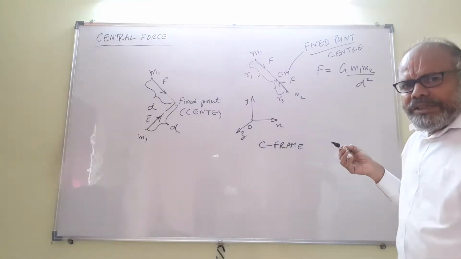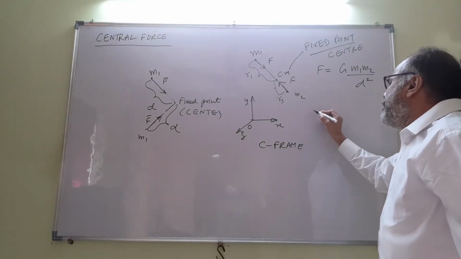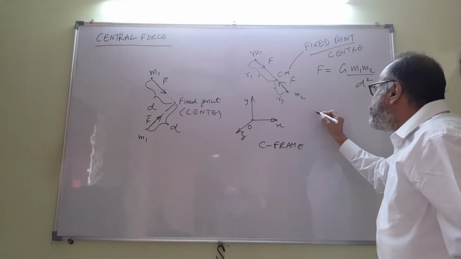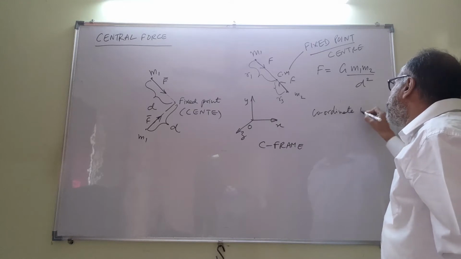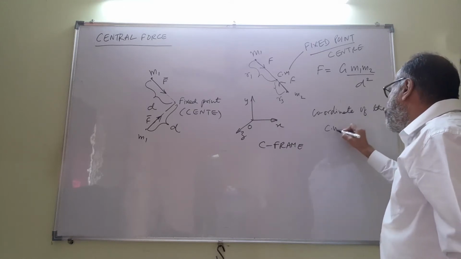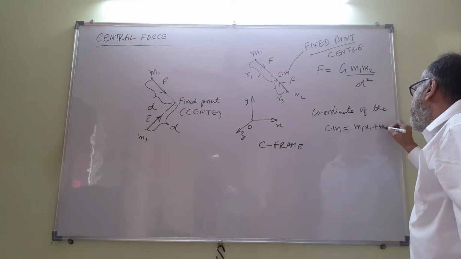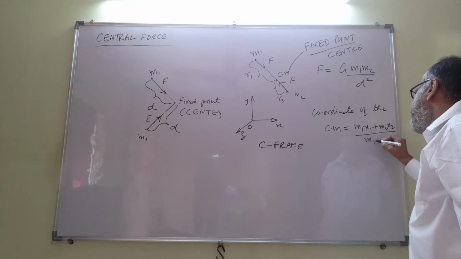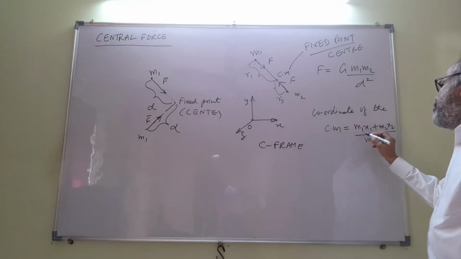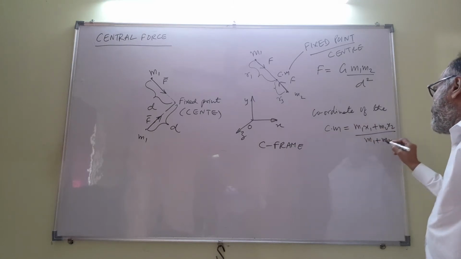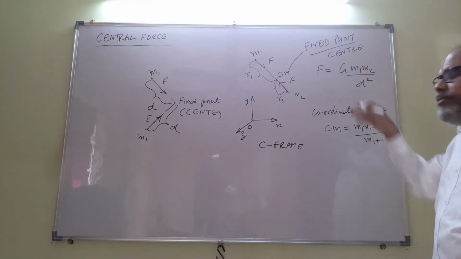Now we know by the basic definition of center of mass, the coordinate of the center of mass is equal to m1 x1 plus m2 x2 by m1 plus m2, for the two particles lying on a straight line.